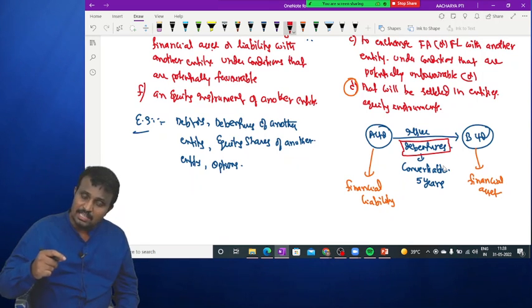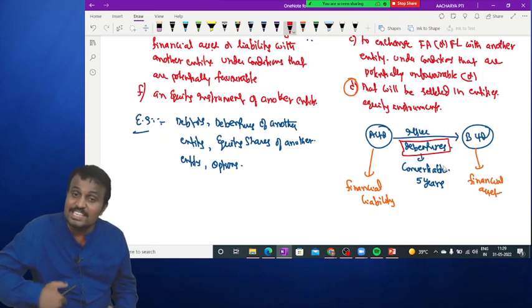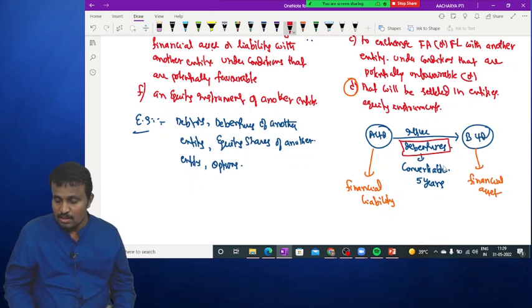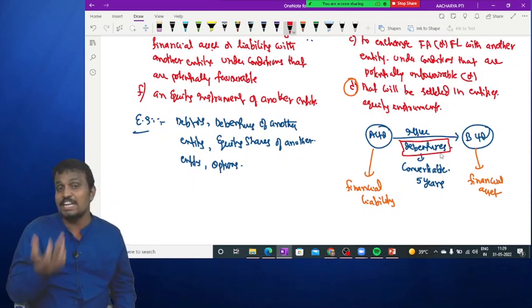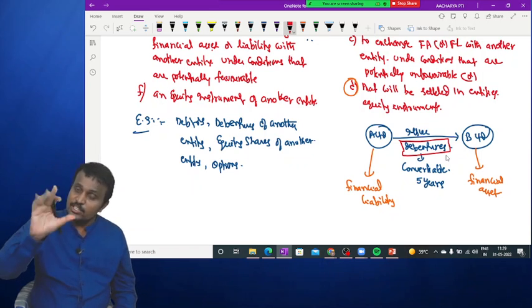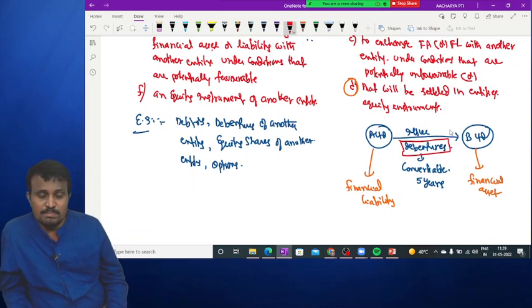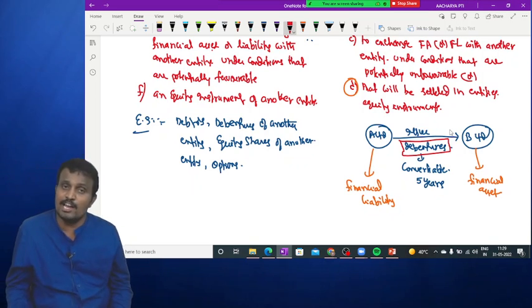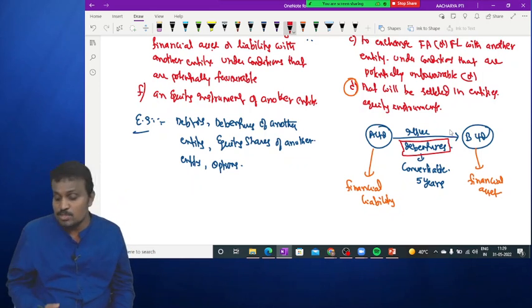If the party agrees for the conversion, then the company will issue its equity shares to that party. For example, out of the total 1 lakh debenture holders, around 80,000 debenture holders agreed for the conversion. Agreed for conversion means they agreed to receive the equity shares of A Limited instead of receiving the cash. Generally, at the end of the redemption period, or at the end of the life of the debenture, the company is required to settle the debenture holder in terms of cash, right?